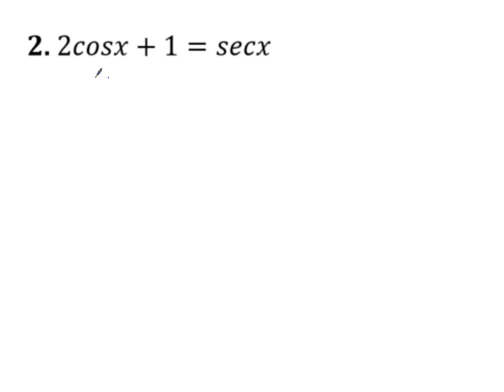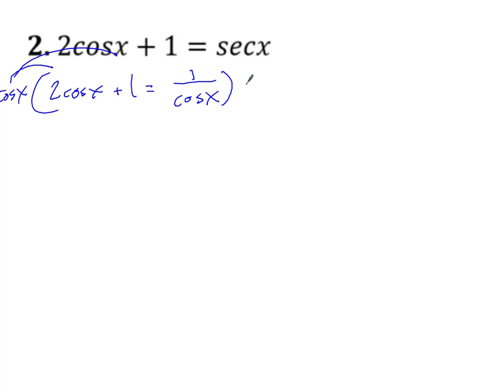Let's look at this one, okay? We have cosine, we have secant. We don't really have anything that I can substitute in for either of these. So what I'm going to do is rewrite everything in terms of sine and cosine. Well, therefore, it's going to be this. Now, what we can do here is multiply everything by cosine of x.